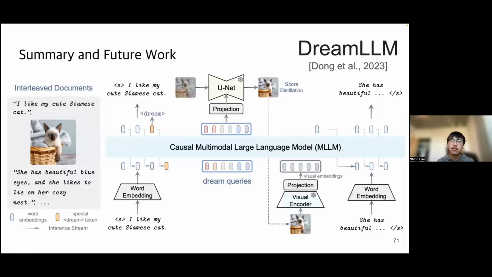We have also seen other works in multimodal language models like this one. If we want the language model to generate an image, sometimes we can generate what they call a special token, so that the model switches from text mode to image mode and does some diffusion to get the image.